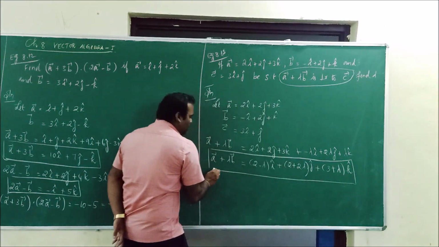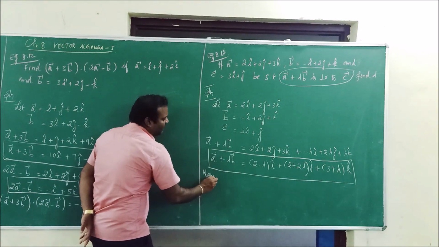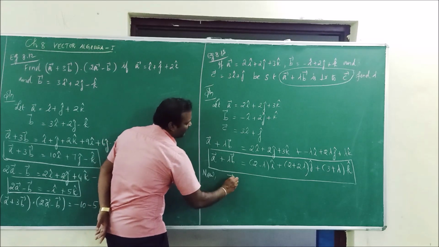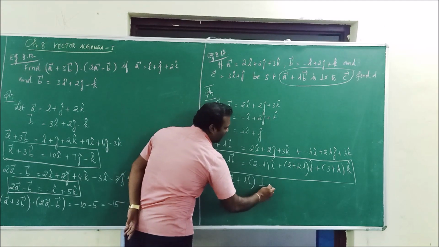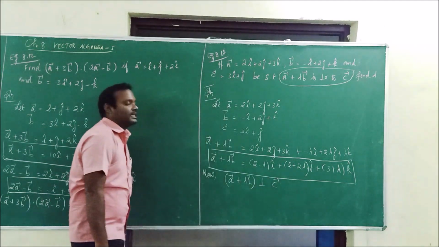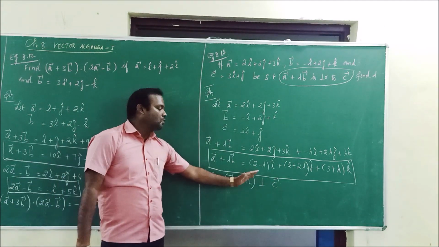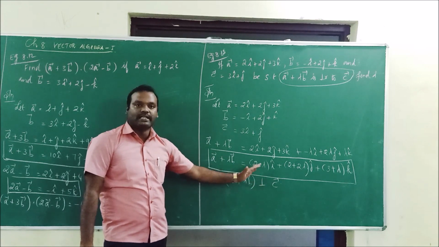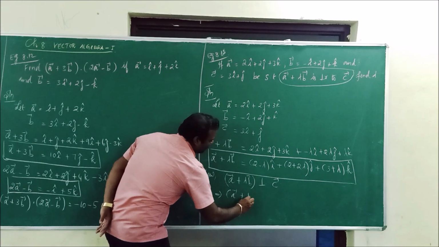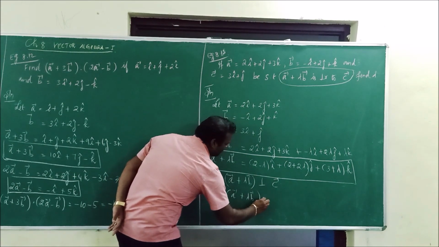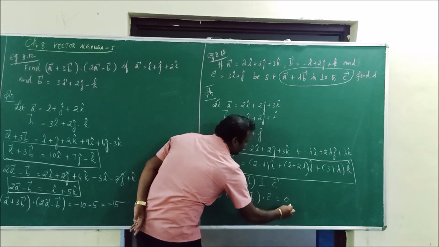Now the given condition. What is the given condition? It is given that a vector plus lambda b vector is perpendicular to c vector. We know the result that if two vectors are perpendicular, then the dot product is 0. So which implies that a vector plus lambda b vector dot c vector is equal to 0.